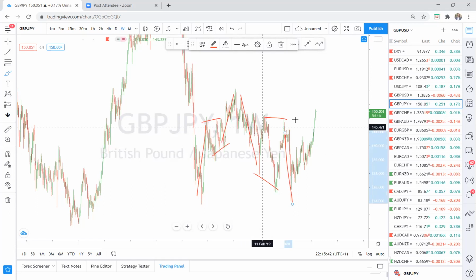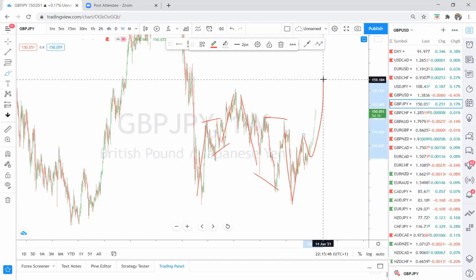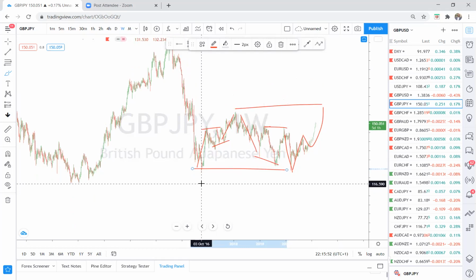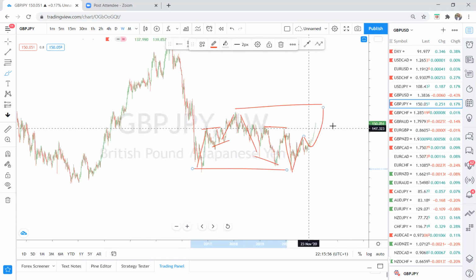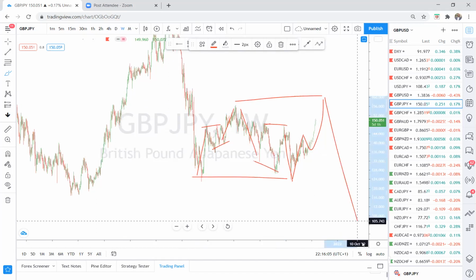And here, you should expect to see a 3-wave structure or 5-wave structure as the case may be. So this structure will produce either WXY or ABC move, depending on the structure that we see here. We cannot decide now the structure we'll see here because it's not completed yet. And then you have your move to the downside.